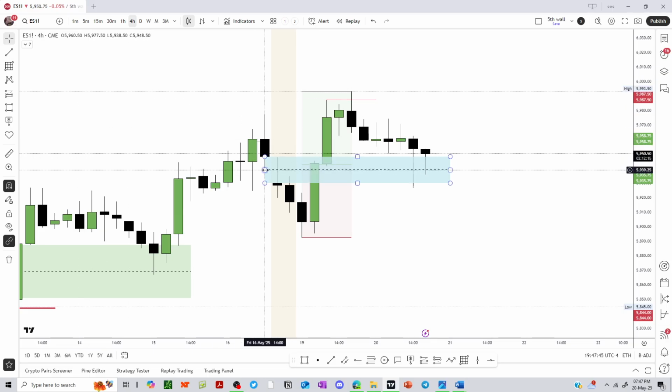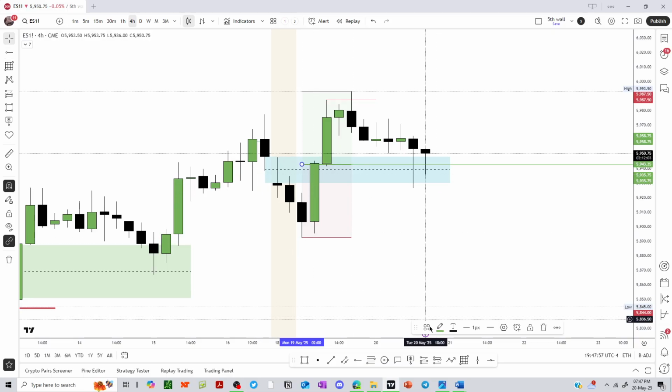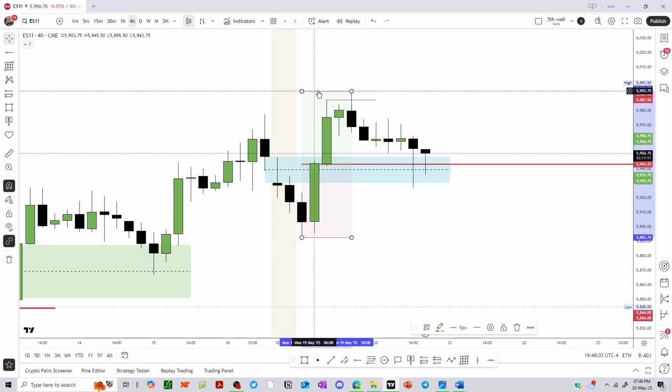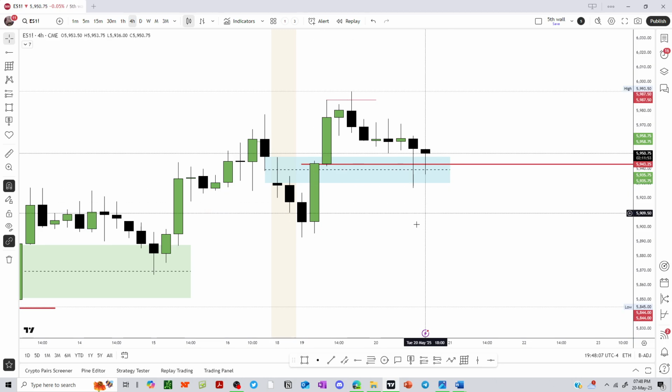Anyway, I like that. So this is your equilibrium level here. We can draw that. Just to make you aware, if you didn't want to use that, this is a modified Gann box anyway.